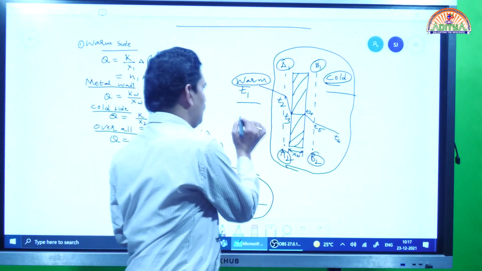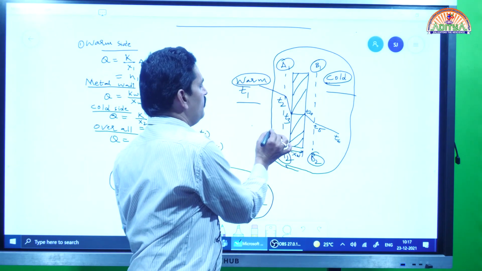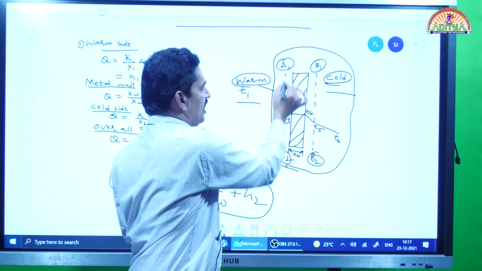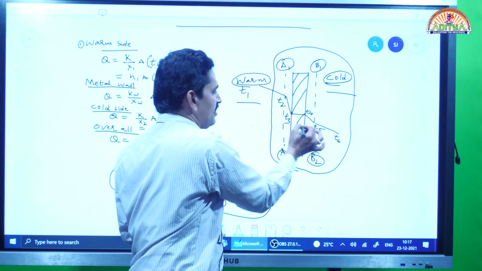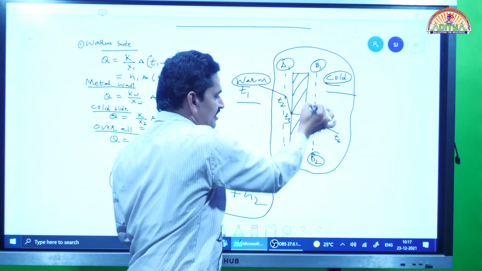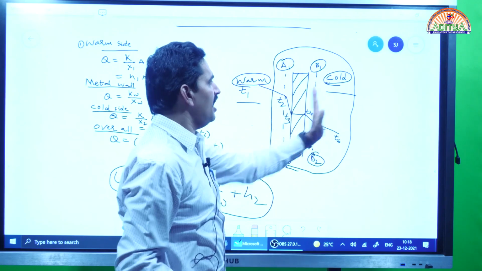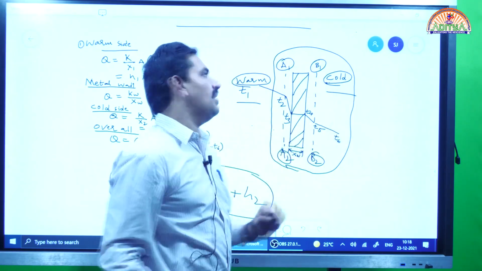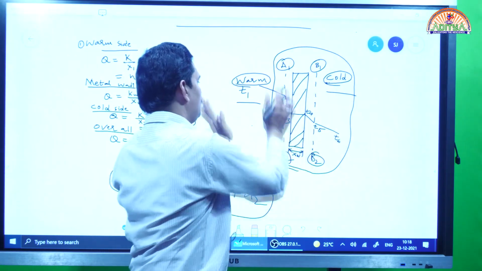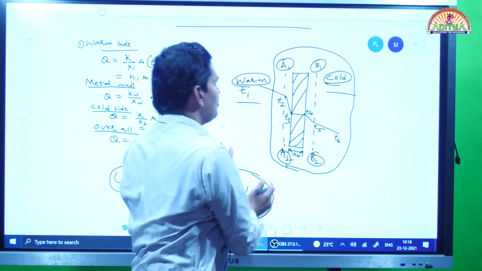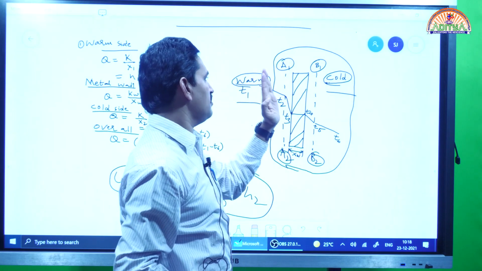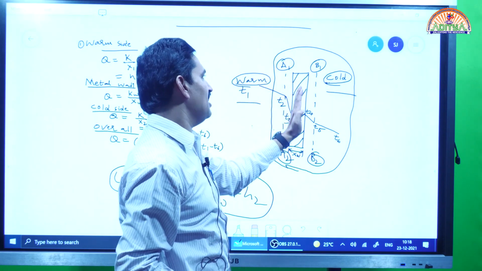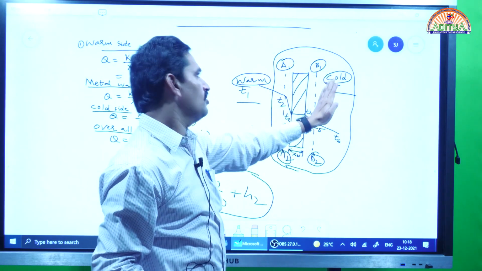So this is the bulk of the hot or warm water, and this is the film, and this is the metallic wall from one side to the other side, and this is the cold water film, and this is the bulk of the cold water. Generally, this is the total structure of the heat transfer process from hot water through the metallic wall to the cold water.